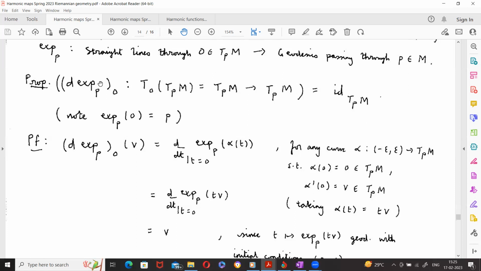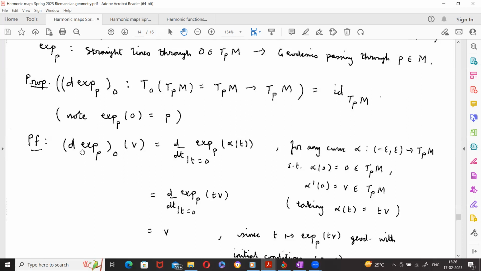So the derivative of the exponential at the origin becomes a linear map from TPM to TPM. And the claim is this linear map is nothing but the identity of TPM. Okay? So the derivative of the exponential map at the origin is just the identity map of TPM. Okay? So why is that?